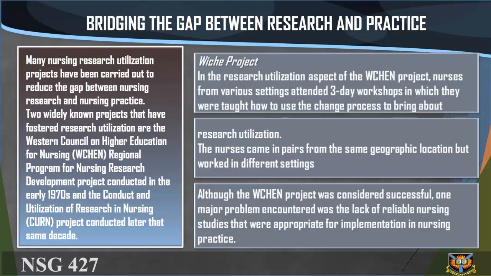The nurses came in pairs from the same geographical location but worked in different settings. Although the WCHEN project was considered successful, one major problem encountered was the lack of reliable nursing studies that were appropriate for implementation in nursing practice.